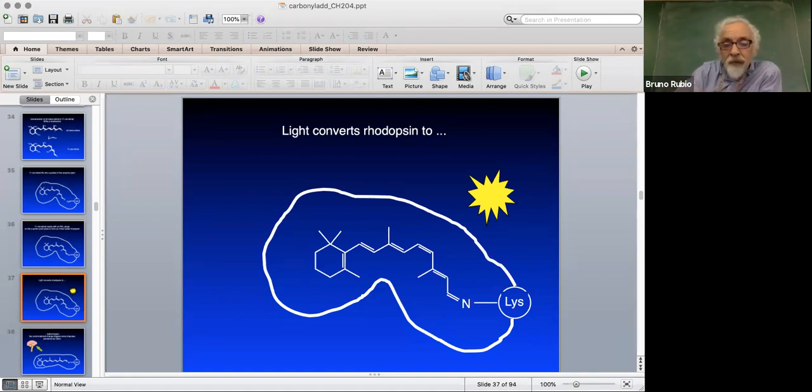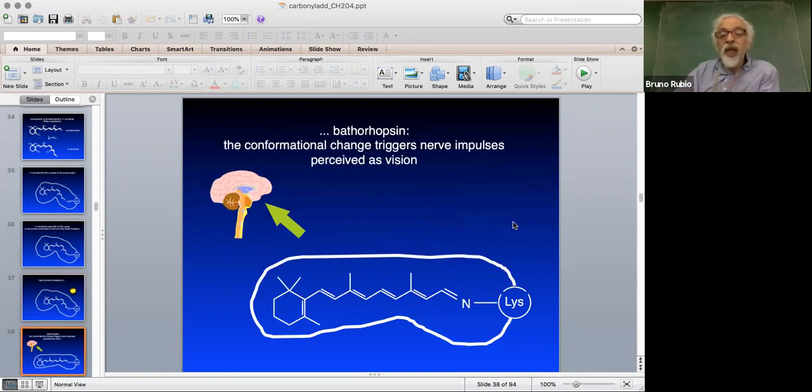See how this enzyme, I've drawn it so it has a slipper shape or a kidney shape, something like that, to accommodate this molecule. But when we have the isomerization of the cis to the trans double bond, the enzyme changes shape, and this change of shape is relayed to the brain, and that is a nerve impulse that we see as vision.